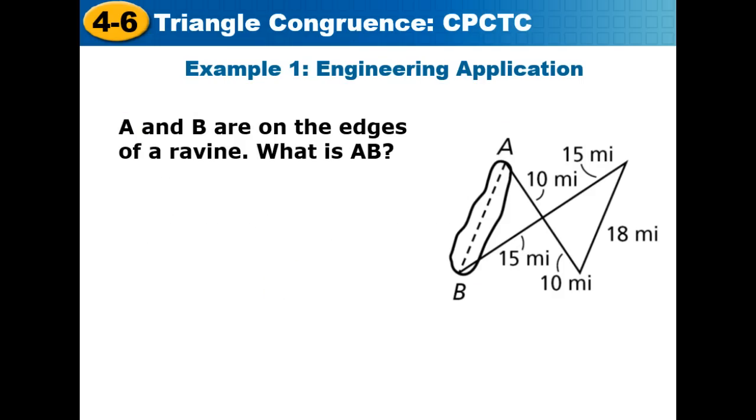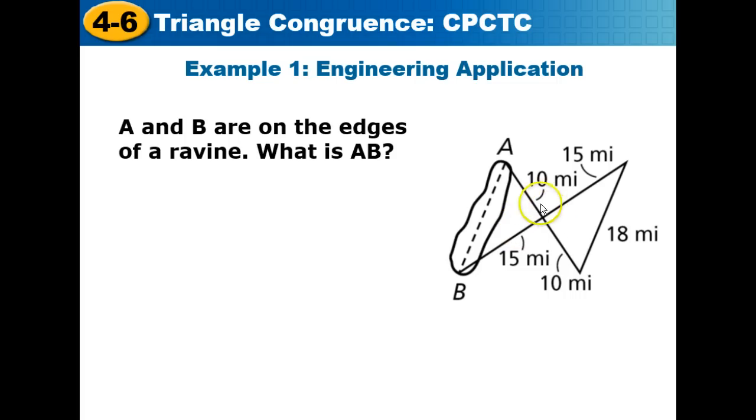Let's start with a little engineering word problem application. It says that A and B are on the edges of a ravine, and it gives you a bunch of data. So paying attention to the fact that this is 10 right here, and this is 10 right here, we can add congruent marks there and there. That gives us our two sides. 15 here and 15 here make this congruent to this.